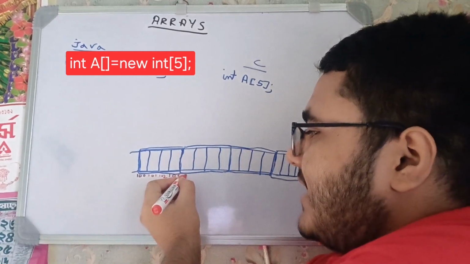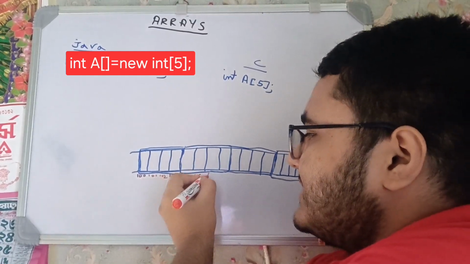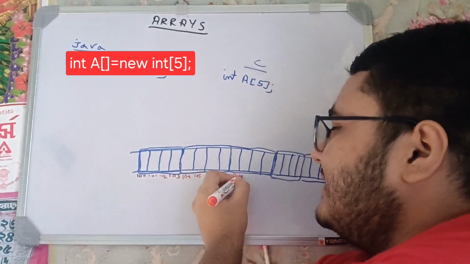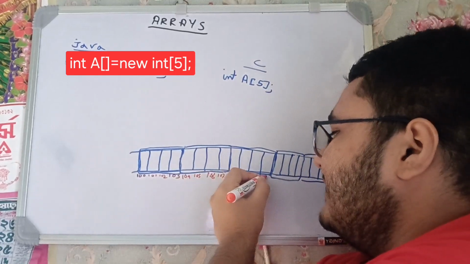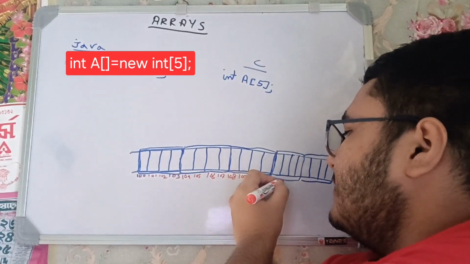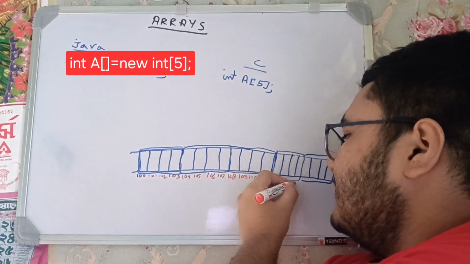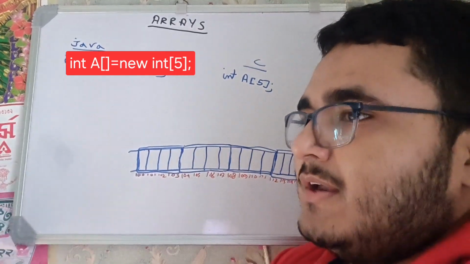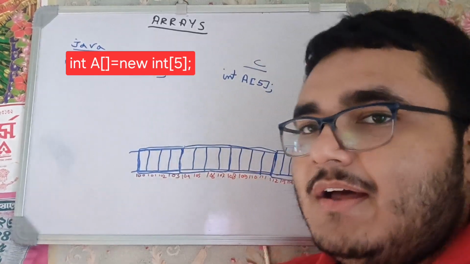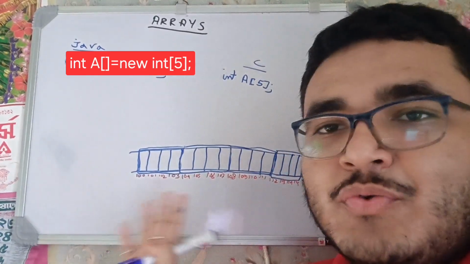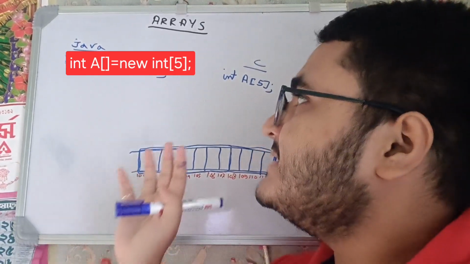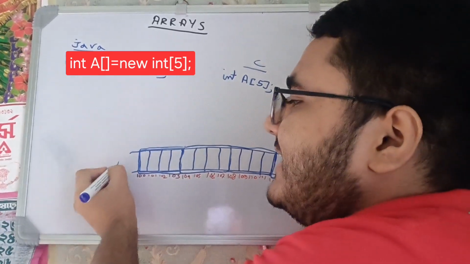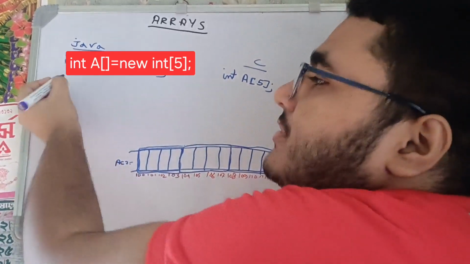Addresses 104, 105, 106, 107, 108, 109, 110, 111, 112, 113, 114, 115, and so on, it will continue. Now, we have nothing to do with these addresses. We just need to know that if this is array A, I am drawing a shorthand form of this.